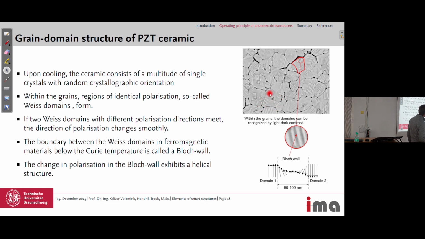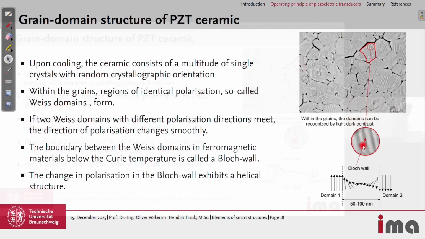So these larger areas are the grains. Within these grains, you have regions of identical polarization, so-called Weiss domains. These are the light and dark contrast lines in the grain. So you have these striped grains, and the light and dark colors would be the different domains.